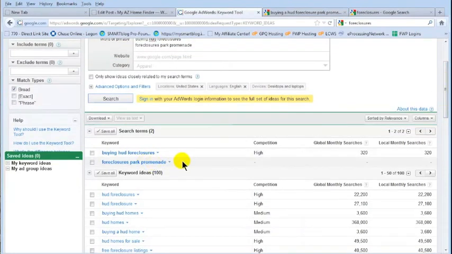Well, what that actually means is it's not statistically relevant to have Google publish data on that. So yes, people are searching for foreclosures Park Promenade, but not enough for them to statistically acknowledge it.